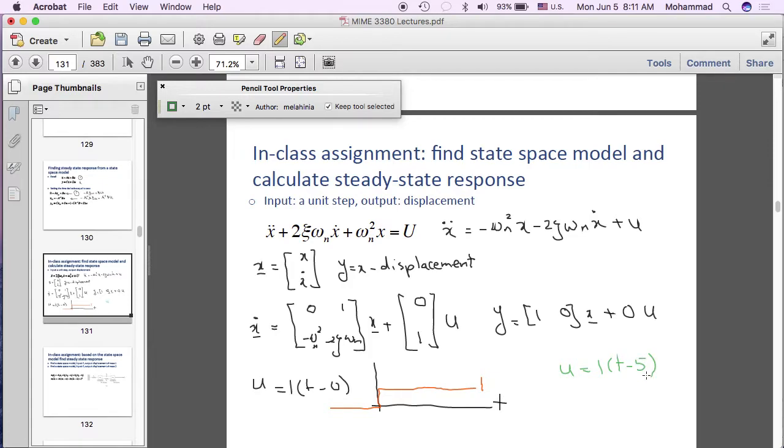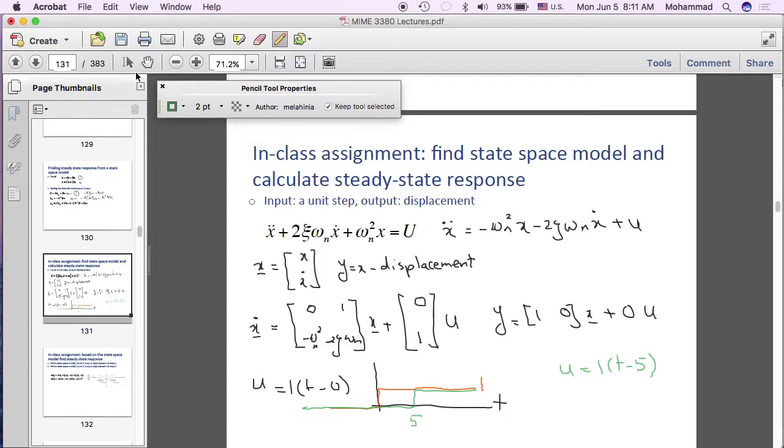So this function still has a value of 1, but instead of coming on at time 0, it comes on at time 5. Similarly, this is 0 all the way until 5 seconds, and then it comes on and stays on as 1. So this is a unit step that comes on at 5 seconds. So it was a little bit of further explanation about unit steps.